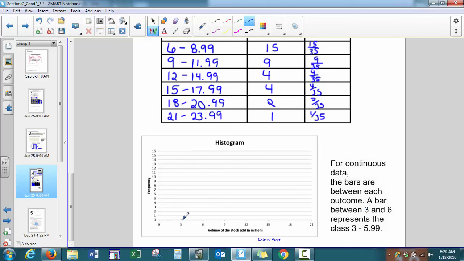And so for example, from 3 to 6, this bar represents all of the numbers from 3 to 5.99. It does not include 6. The next bar for 6 falls within the next section. So this bar is from 6 to 8.99. This next bar is 9 to 11.99.